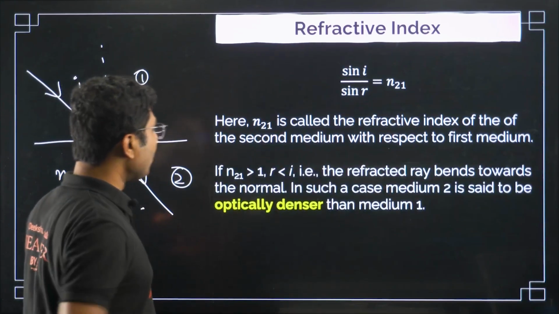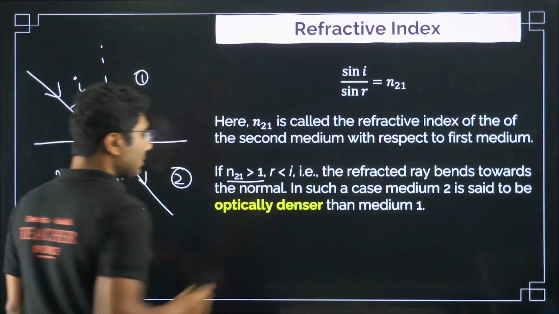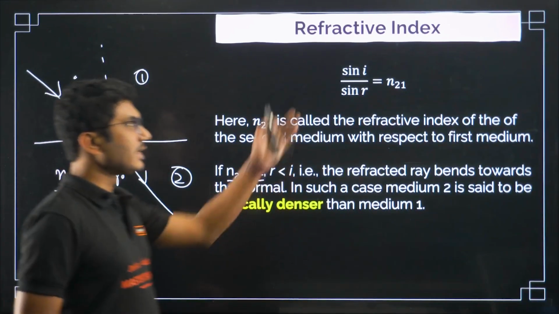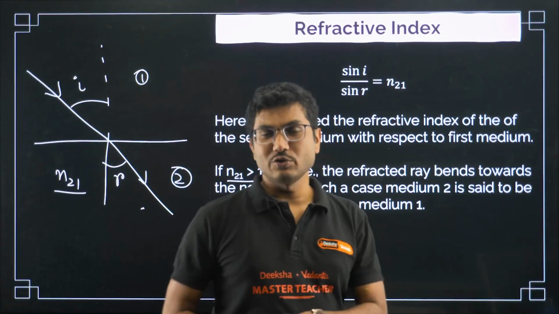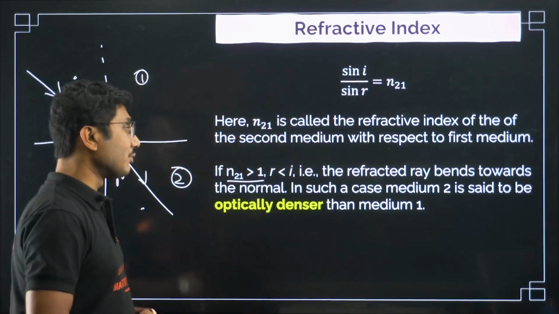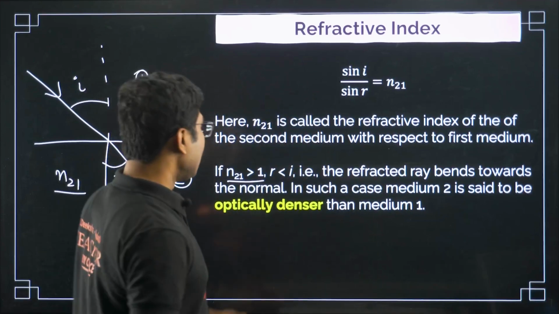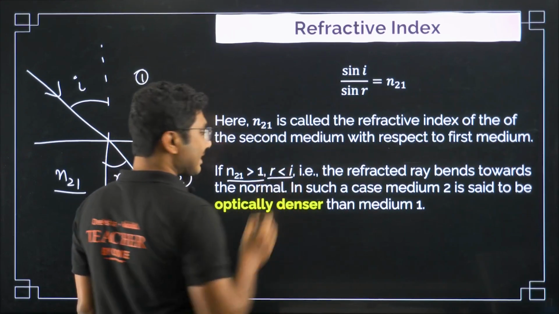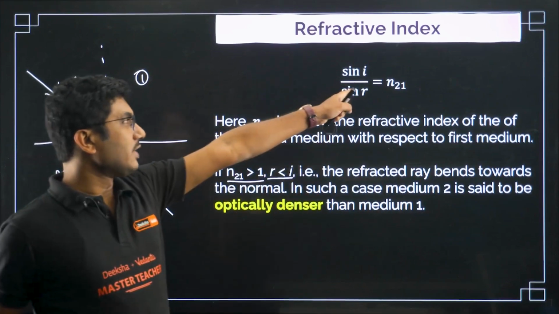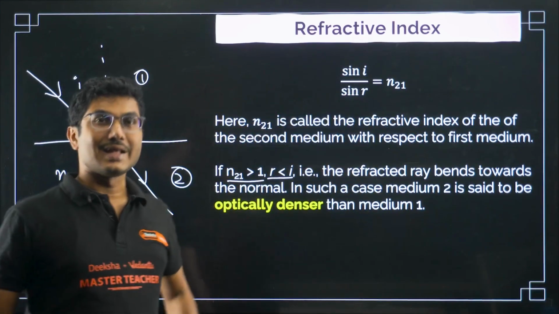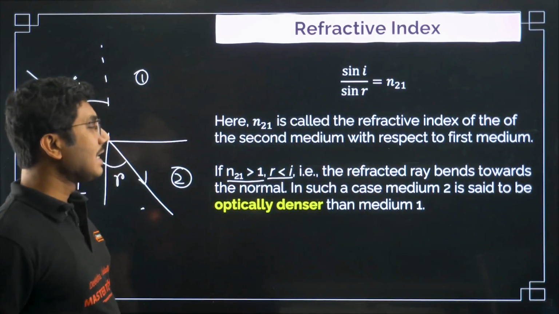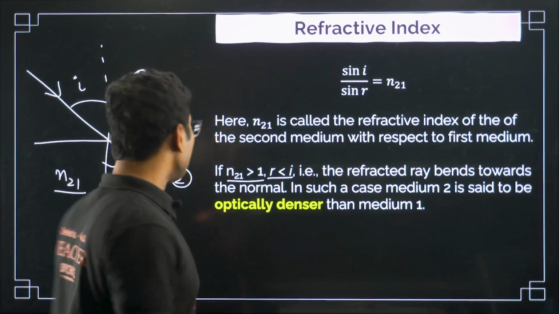If N21 is greater than 1, that means after calculating this ratio, you find the value is greater than 1, that is, R is less than I. If the refracted angle is less than the incident angle, the refracted ray bends towards the normal.